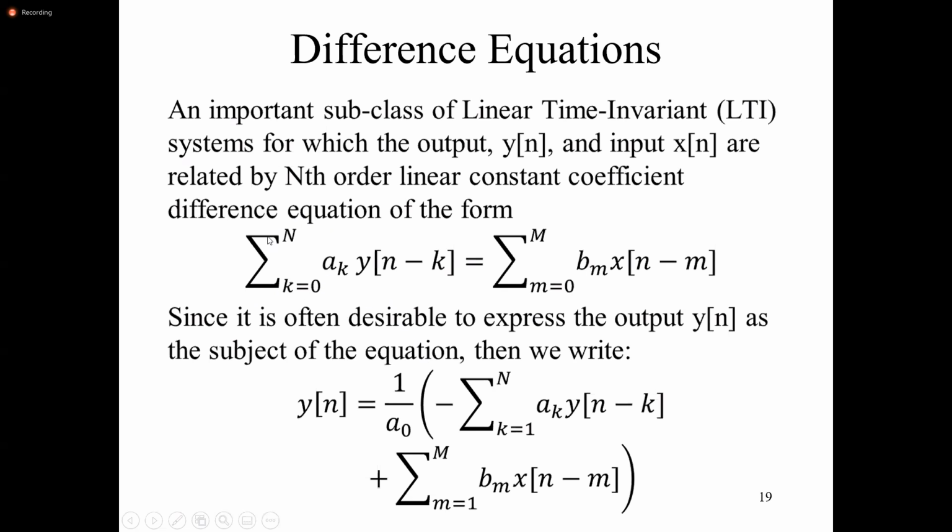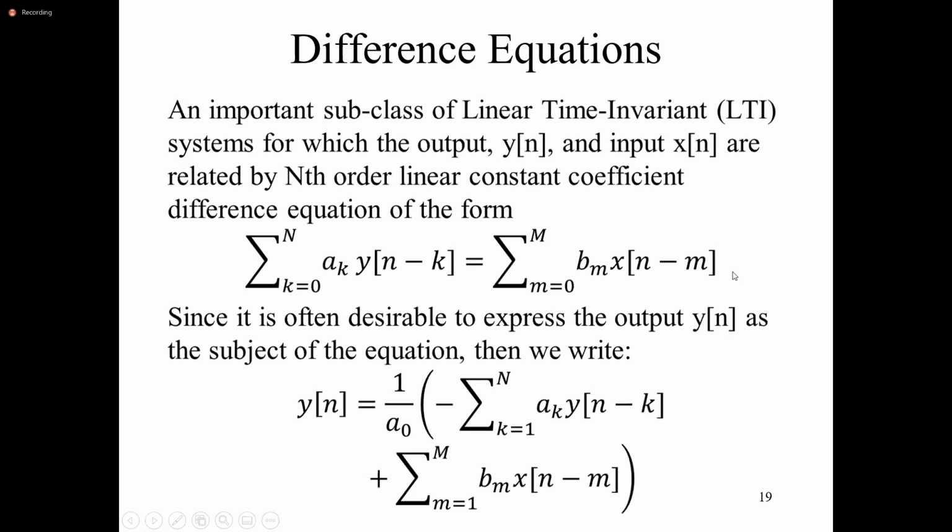If we expand both of them, we get, of course, A0 y of n plus A1 y of n minus 1 plus A2 y of n minus 2 and so on, going right up to n.